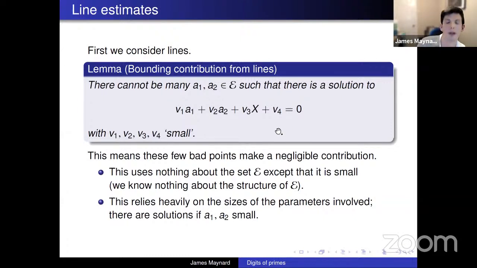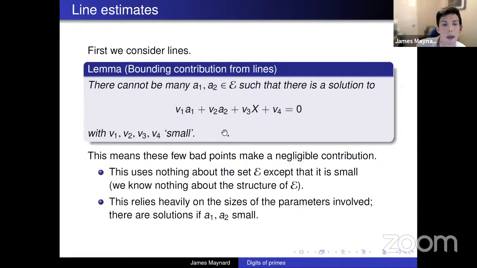So this depends quite heavily on the precise numerics of things involved. If the v_i were the same size as the A's, then you can obviously come up with a solution to this equation.